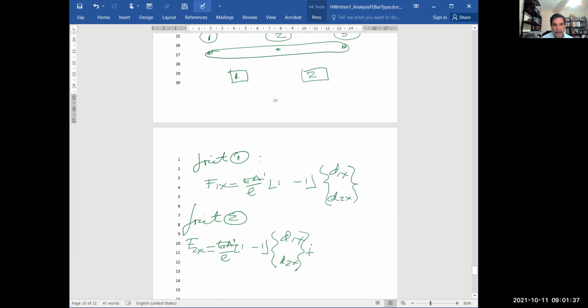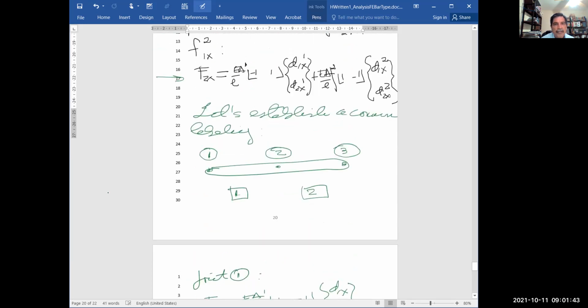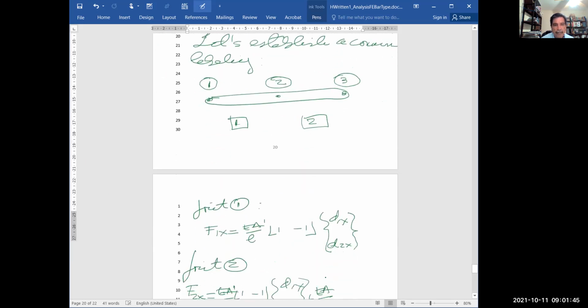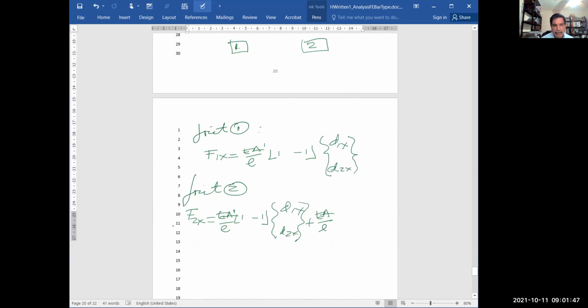And for the other one, it's going to be EA over L. I'm sorry, this is minus 1 and 1. This is minus 1 and plus 1. Here it is 1 and minus 1. And then the first joint is going to be D2x, and the second joint is going to be D3x.